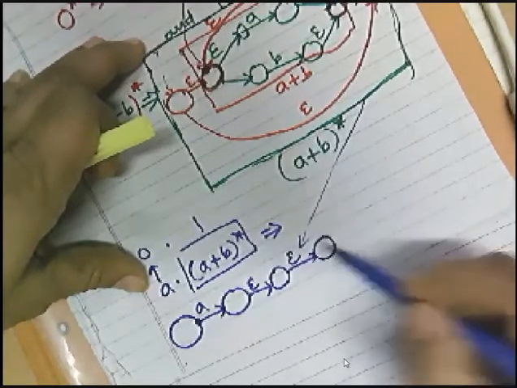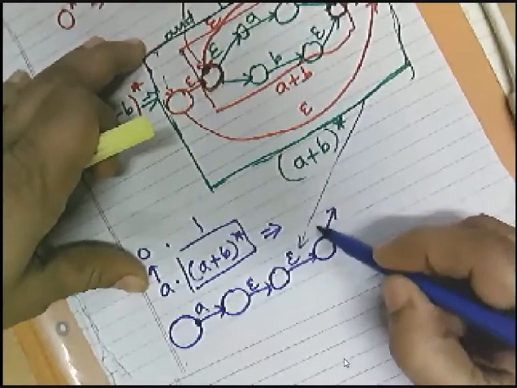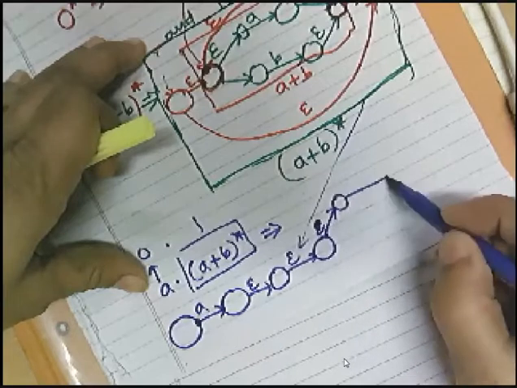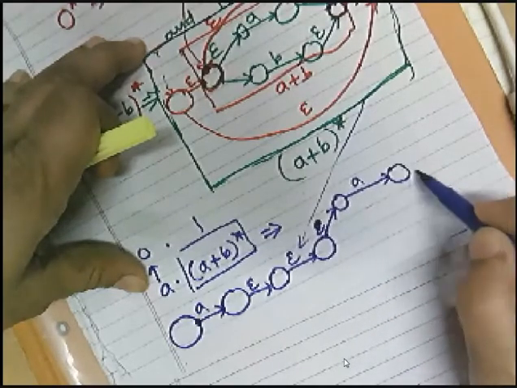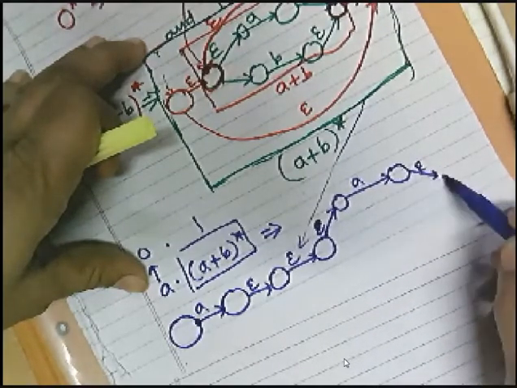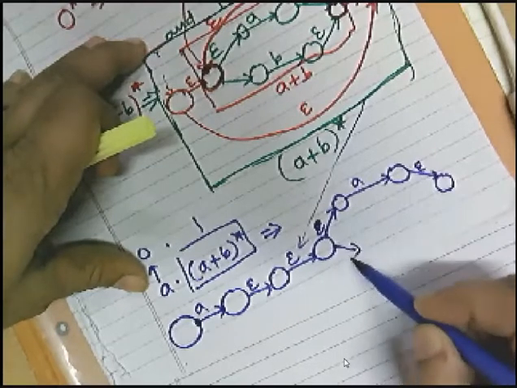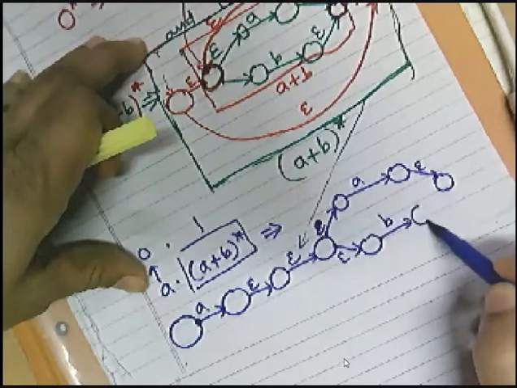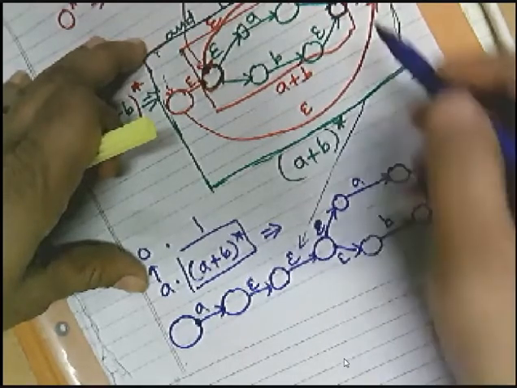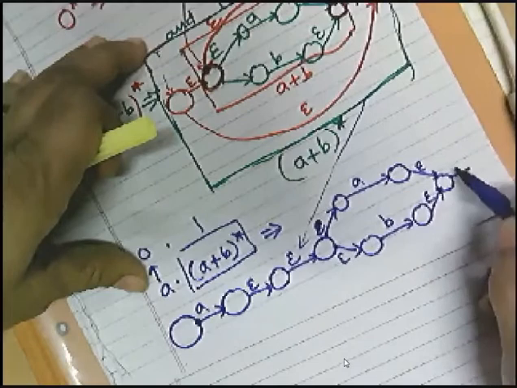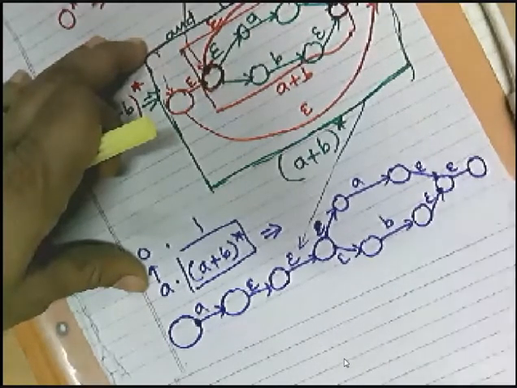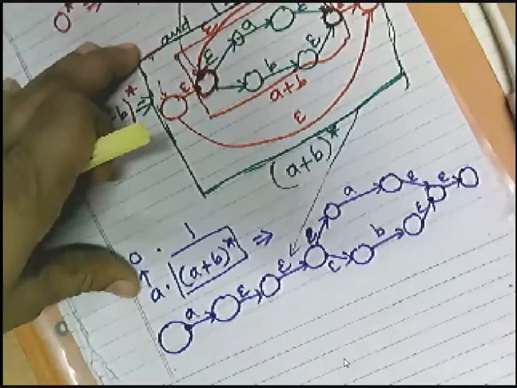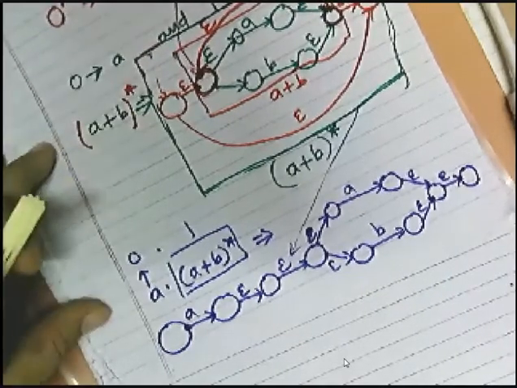Then this is again an epsilon move. Then this is A, epsilon move, epsilon move. Similarly here, epsilon move, B, epsilon move. Now this transition with epsilon move. Okay, so this will be my final A dot (A plus B whole star).